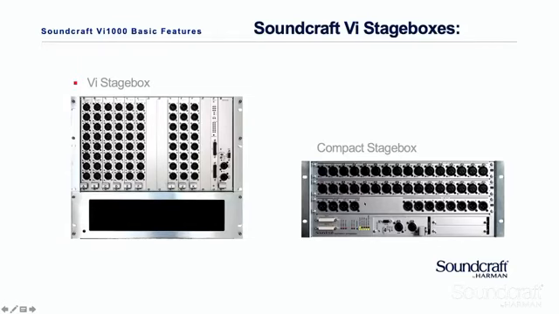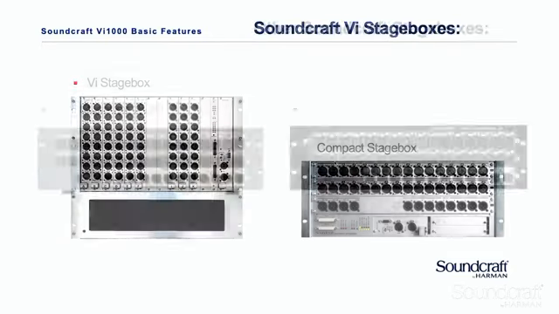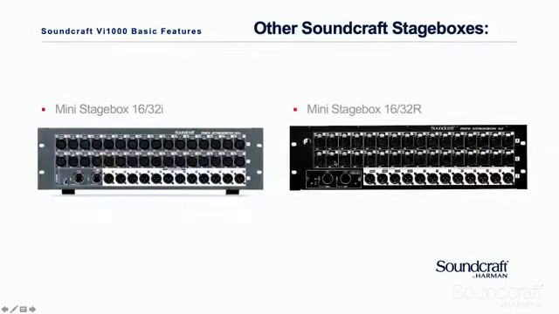So that's quite a nifty card, stage box at least. I thought I'll just include these. So these are the two stage boxes that go with the SI range. The reason why I've got them here is because on the VI we do have the option of actually having a Cat5 card. So any of the stage racks will connect to any of the consoles, which is a really nice feature.